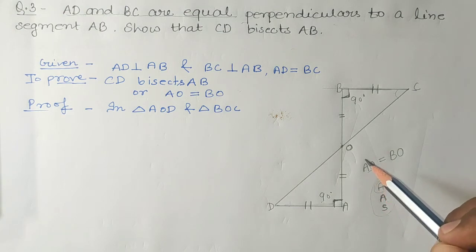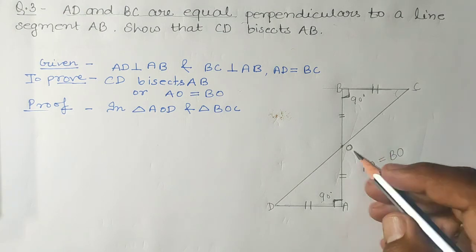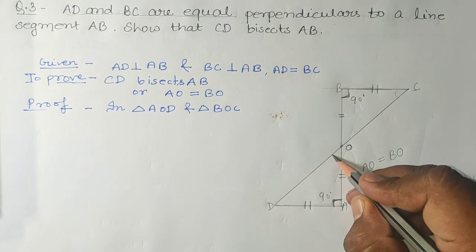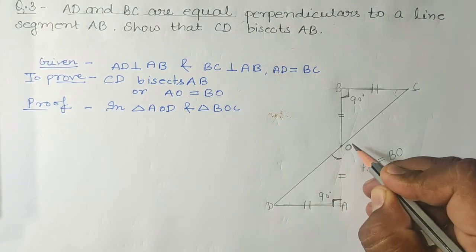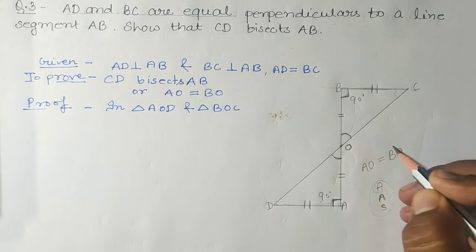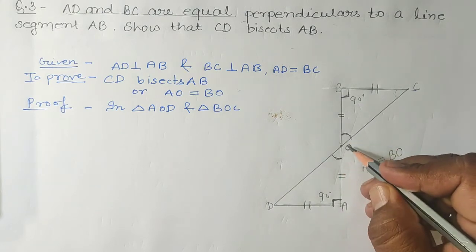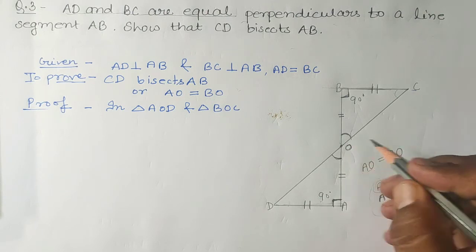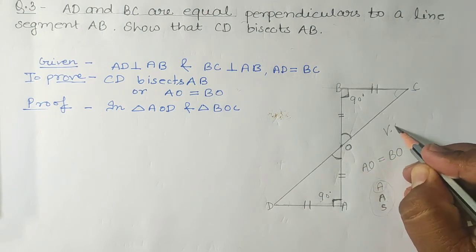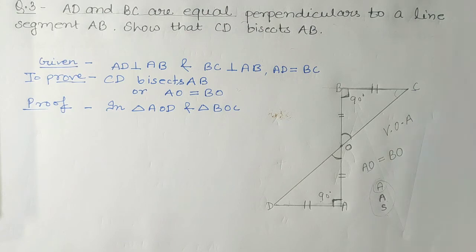So what we can do, students, is make this angle and this angle equal. Easily we can say that these two angles are equal by which property? By vertically opposite angles.